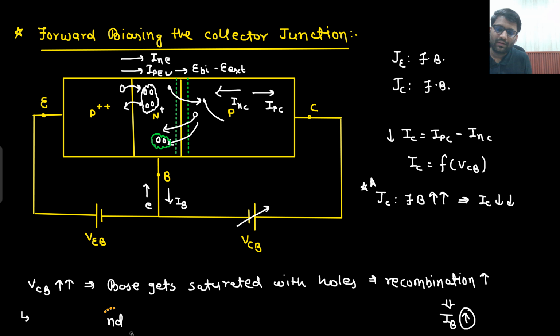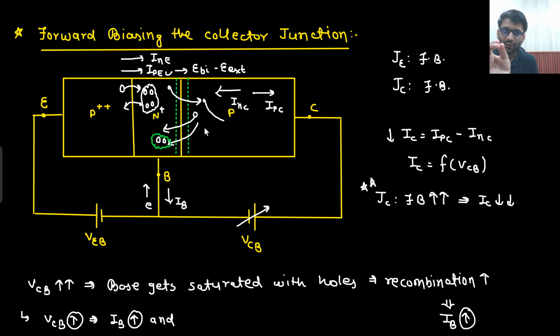I am saying that I am not disturbing this VB. I just need to see the effect of this particular guy, VCB. So if I am increasing this VCB, VB is as it is. Like if it was injecting 4 holes, now also it is injecting 4 holes only. But I am changing this guy. So as VCB increases, your IB is increasing, and IC is decreasing.